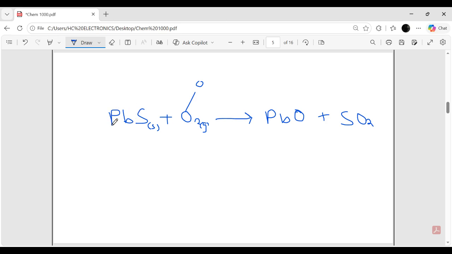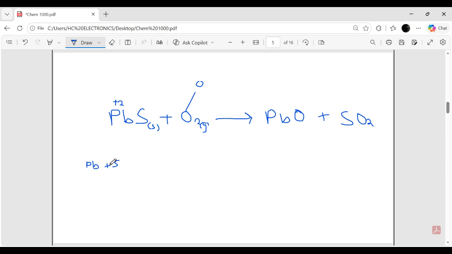Pb is lead. So lead has a valence of 2. So you know that this one is plus 2. Then this one in the overall is 0.